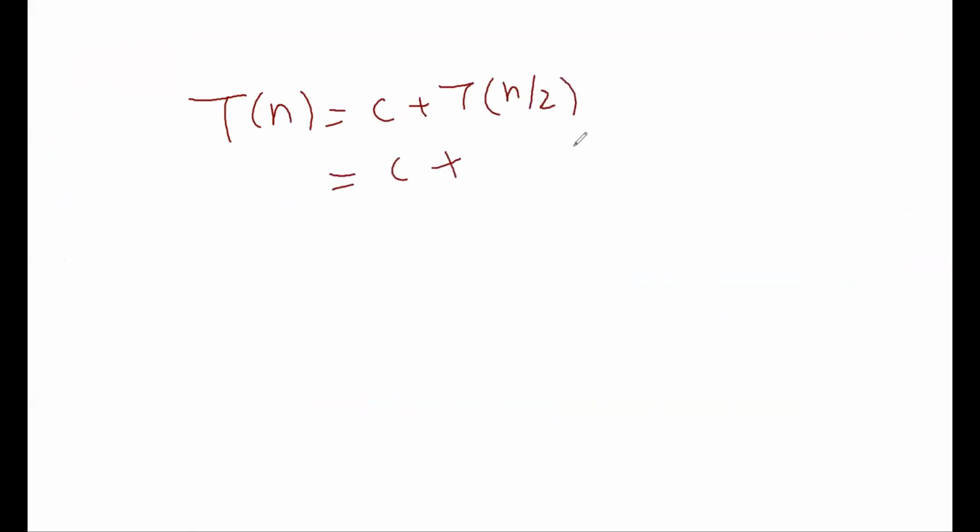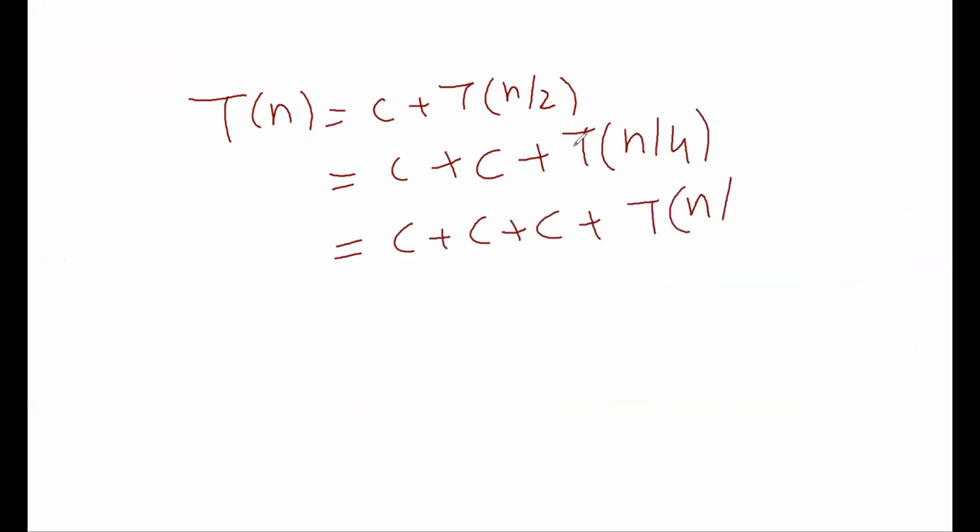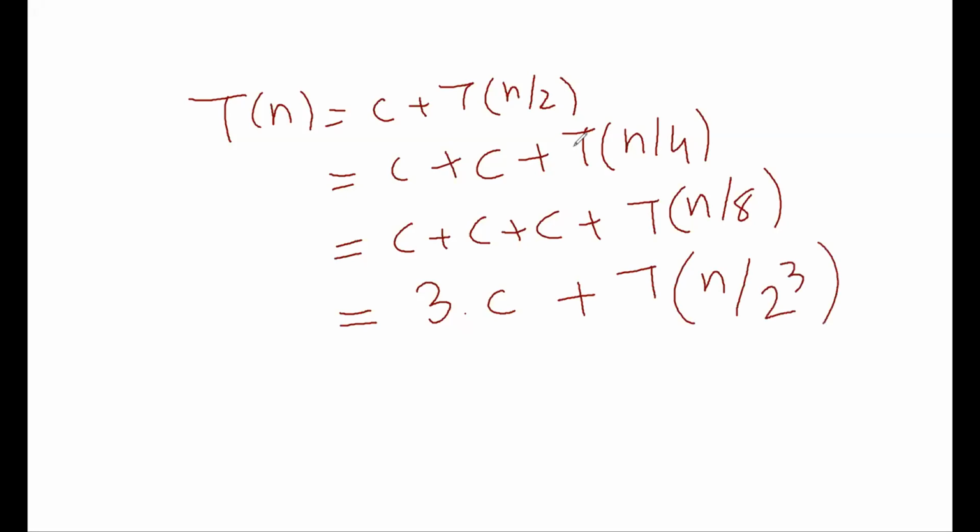If you substitute in the original equation, it is C plus Tn by 4. What is Tn by 4? It is C plus Tn by 8. We can go on. If I just write it down like this for now, 3 into C plus Tn by 8. It's the same thing, right?